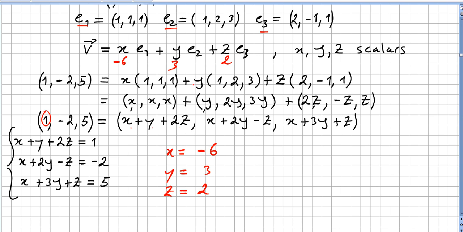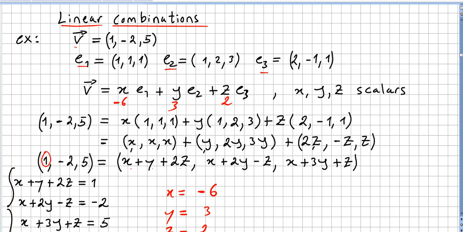So vector v with these scalars will be a linear combination of these three vectors.